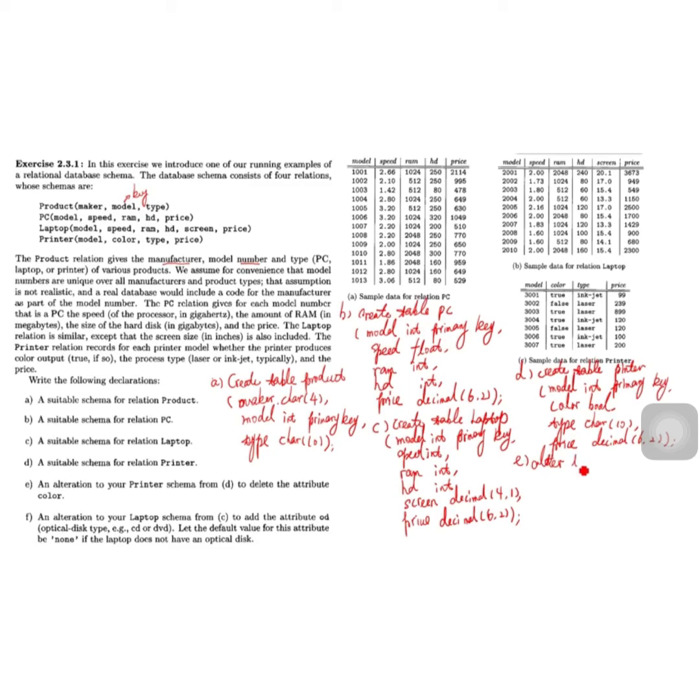Write the table name printer, then DROP, and the attribute name. Now, if we execute this SQL sentence, the attribute color will be deleted from printer.